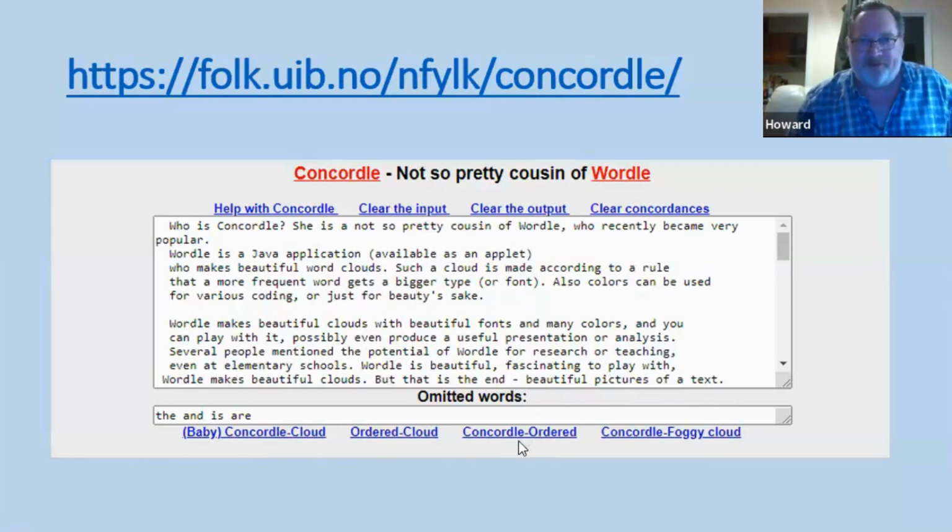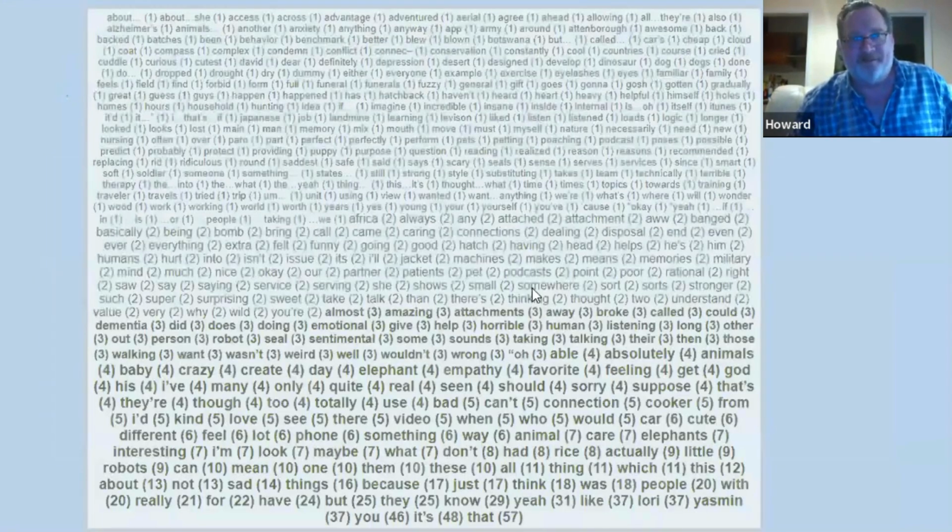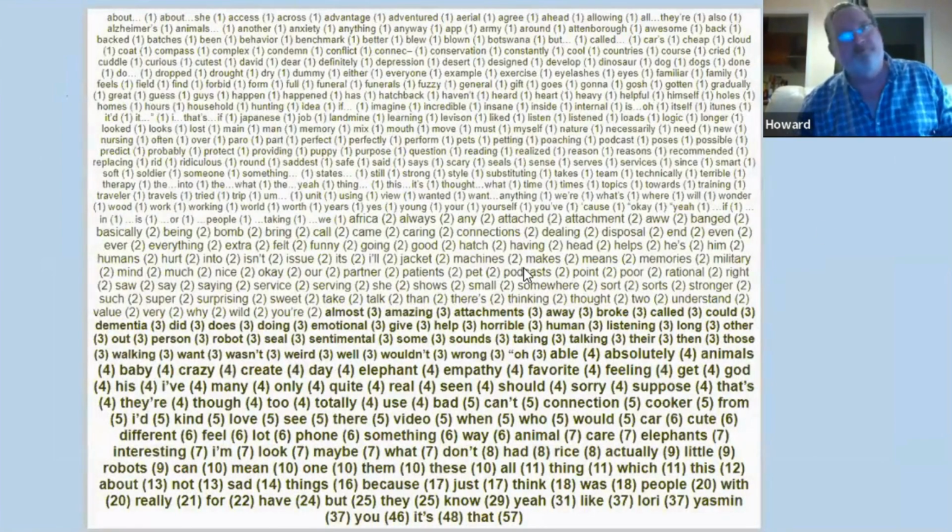But if you go to this one here, Concordal ordered, what you get is something like this, which is all the words minus any that have been excluded. Things like and and the are automatically excluded, but you can also exclude other things, with the number of times they appear in the text. So that is in fact the most common word that appears in the text.